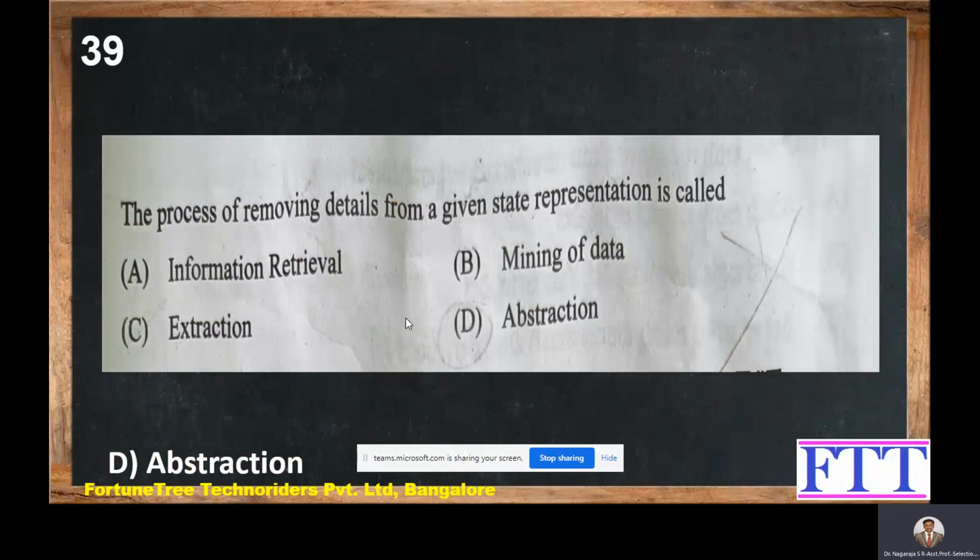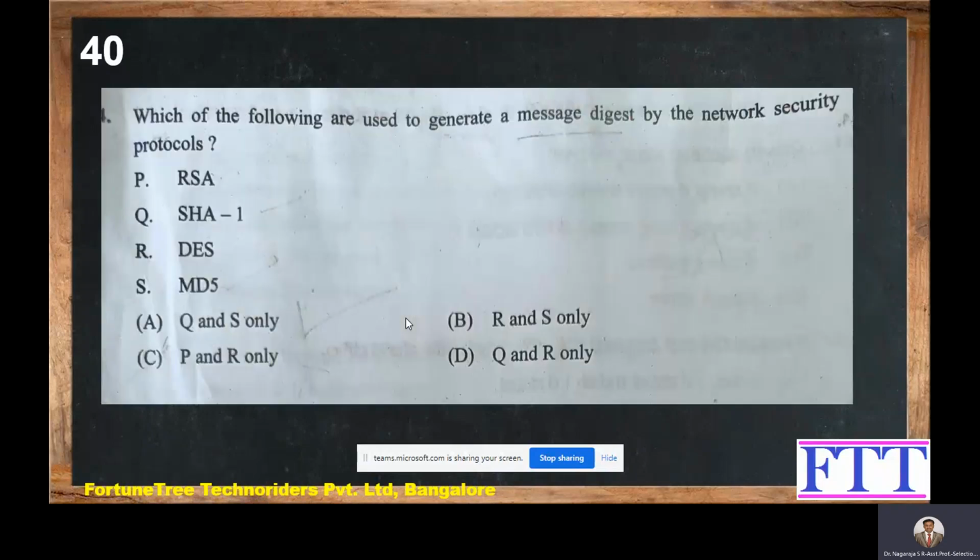So 40th question, which of the following are used to generate a message digest by the network security protocol? P, RSA, Q, SHA1, R, DES, S, MD5. So here they given the options. Option A, Q and S only.